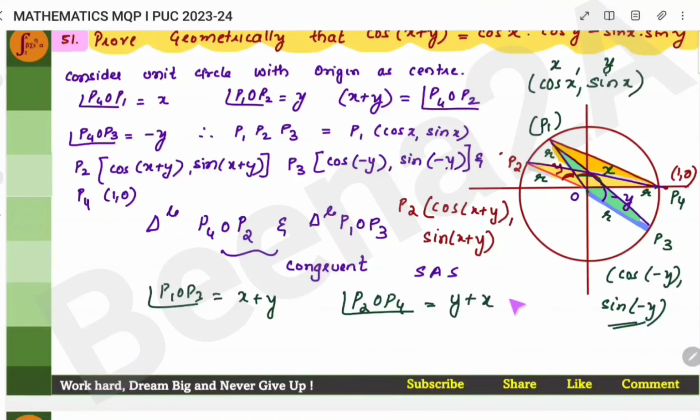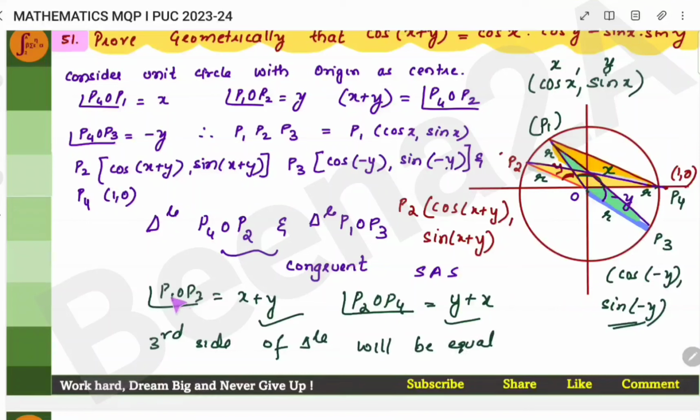Now both the angles are the same, sides are the same, therefore both these triangles are congruent. Now in congruent triangles, the third side will also be equal.